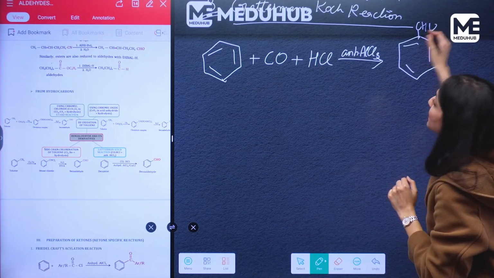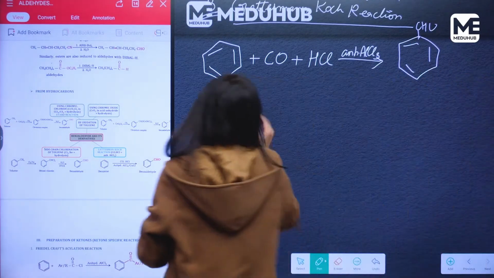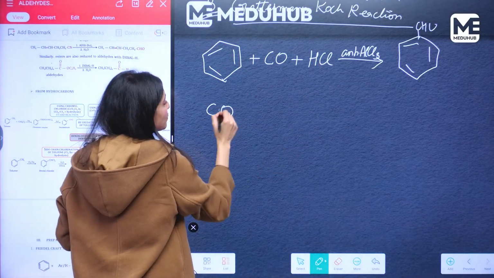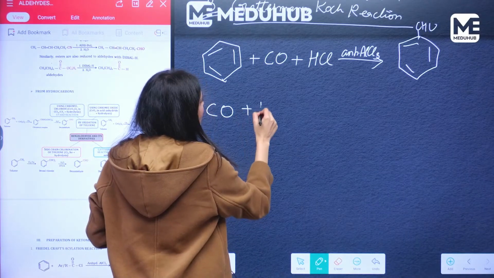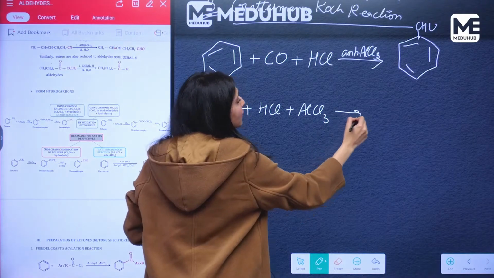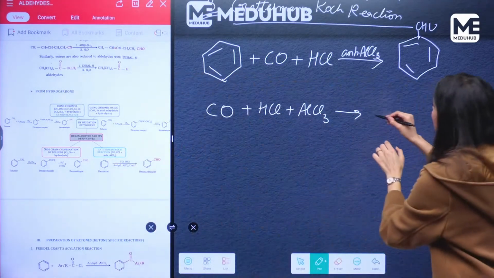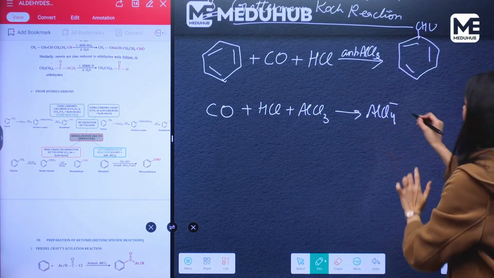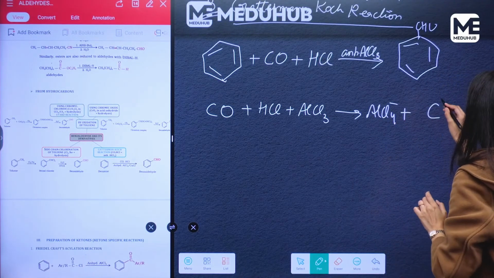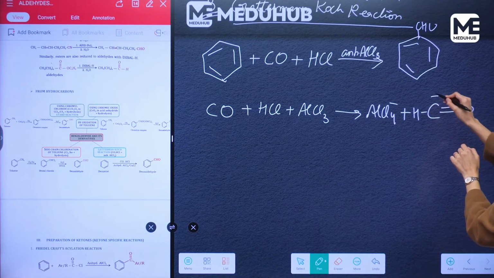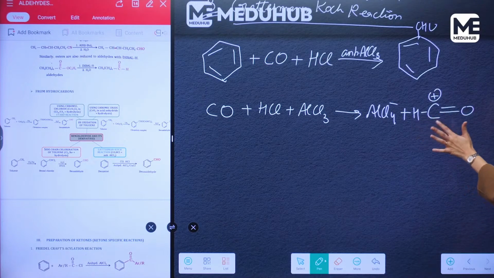What exactly is happening in this reaction, in Gattermann-Koch reaction? Look at the reactants here apart from benzene. We have carbon monoxide, which reacts with HCl and AlCl3 to give us AlCl4 minus, this complex with aluminium, plus this moiety here. You see the HCO moiety here with the positive charge on carbon.